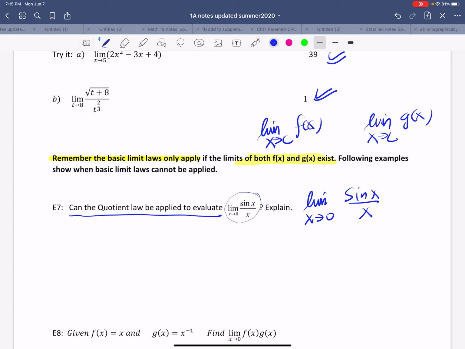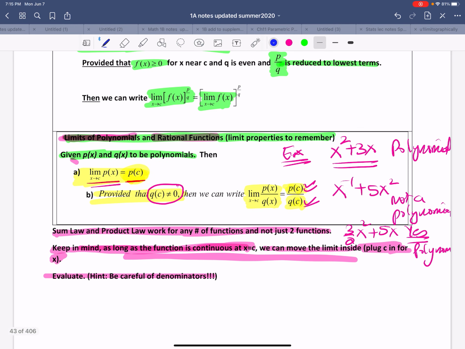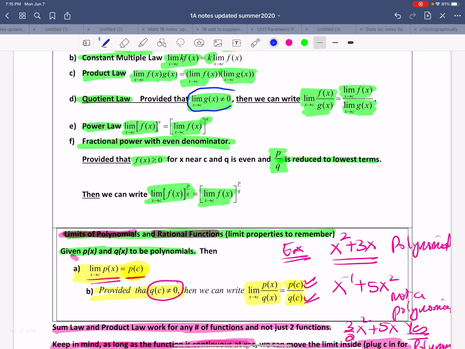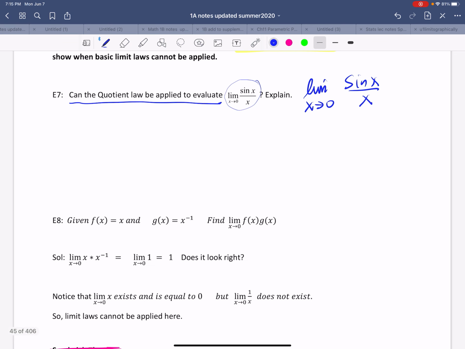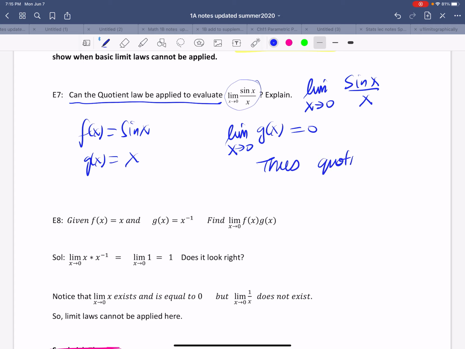When we talked about these rules, we did say that the quotient law only works as long as the limit of g of x is not equal to 0, where g is your lower function. In this case, f of x is sine x, g of x is x, and the limit as x approaches 0 of g of x is equal to 0. Thus, the quotient law does not apply here.